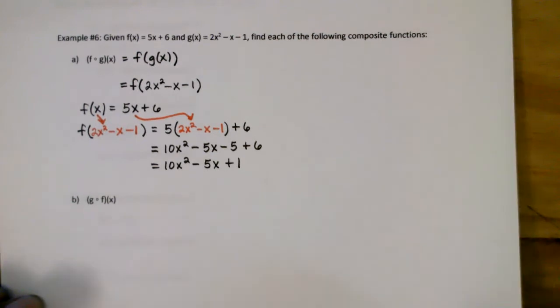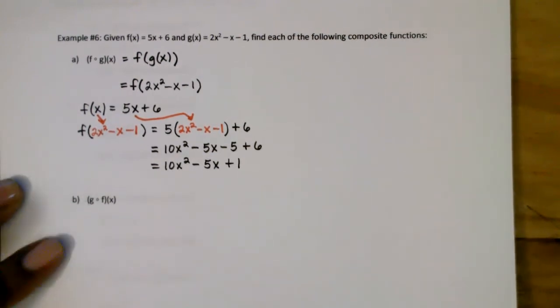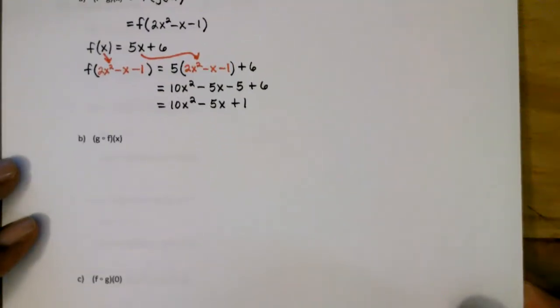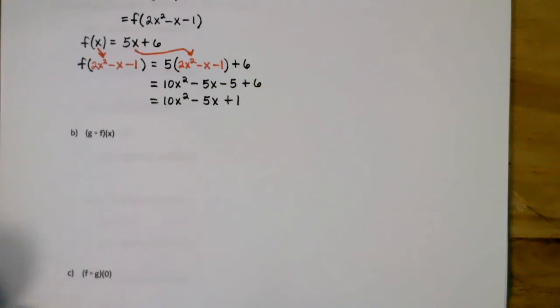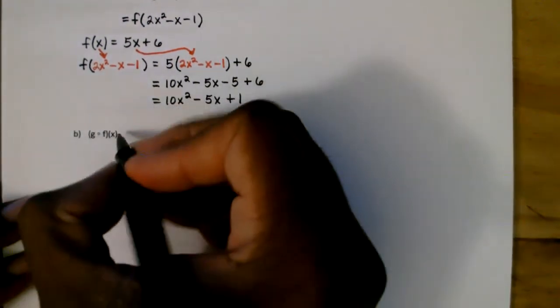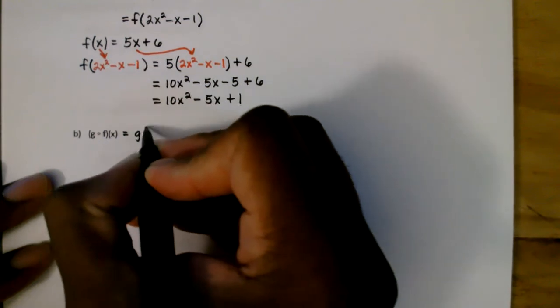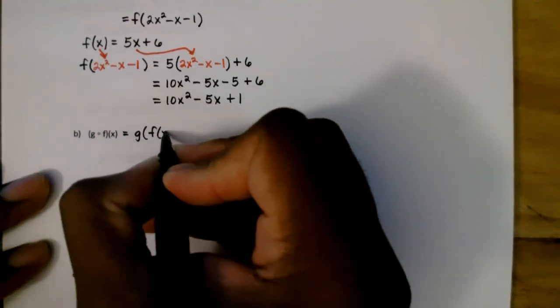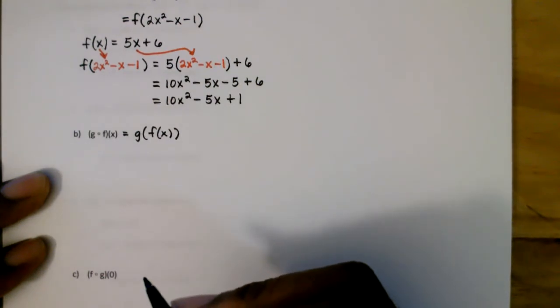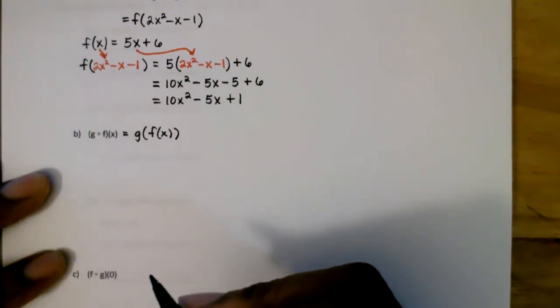Okay, next we'll look at the composition of g with f of x as part B. All right, in this case, g circle f of x is the same as g of f of x. This time, f of x is your inside function and g of x is your outside function.